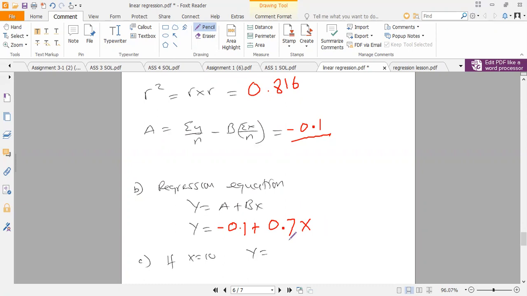Then predict y if x is 10. So where there's x, we simply put a 10.